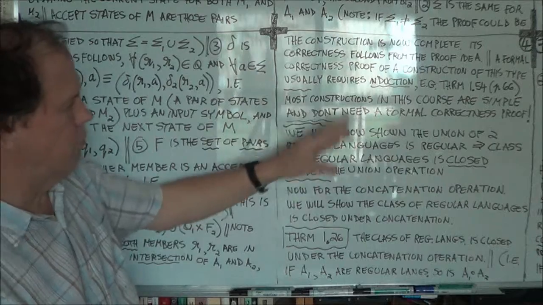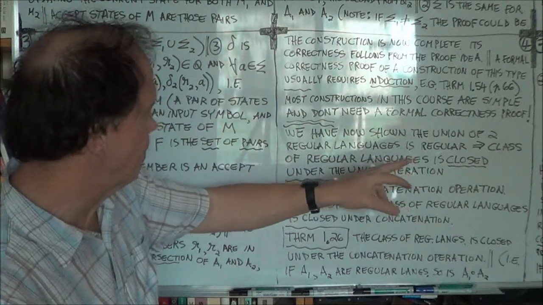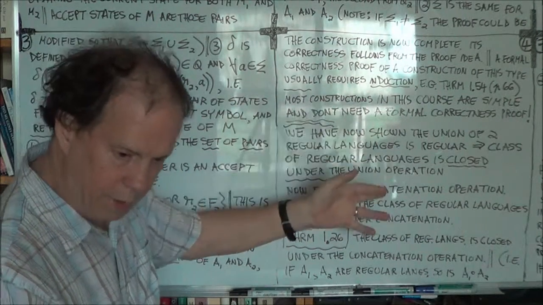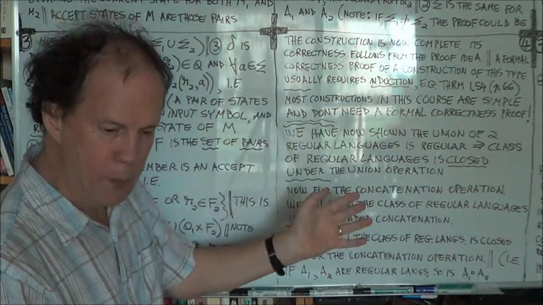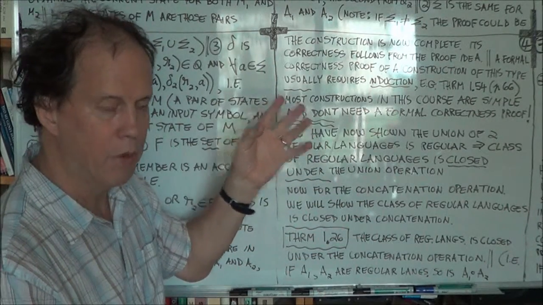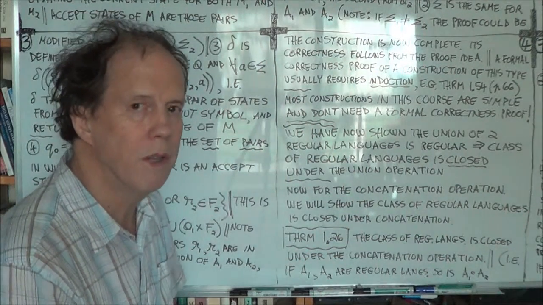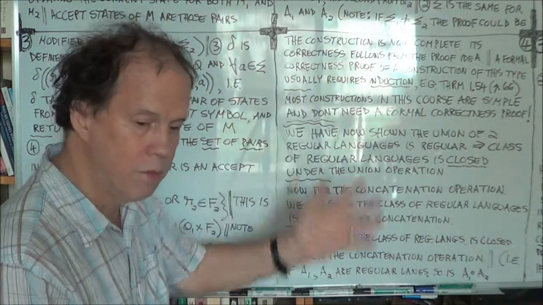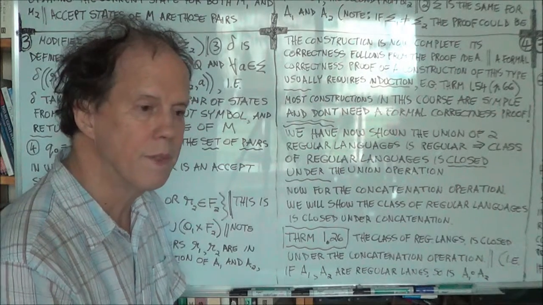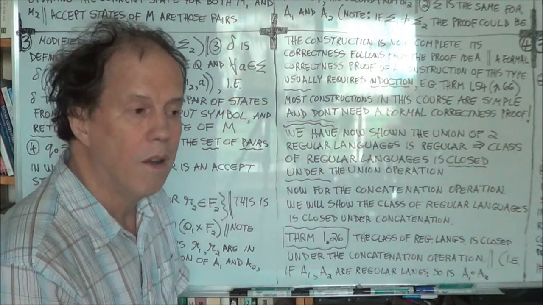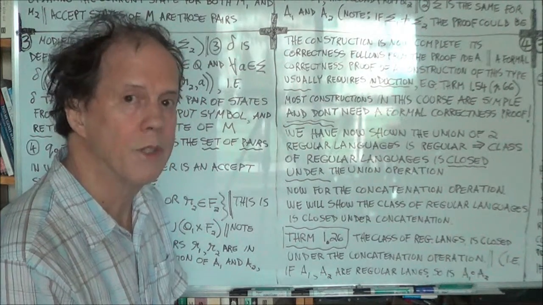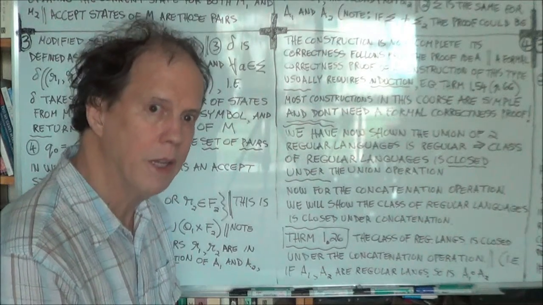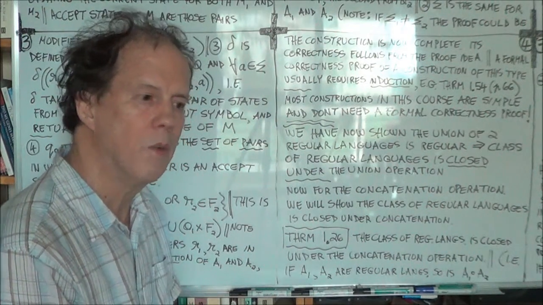So what have we done? Sort of recap a little bit. We've done a proof by construction, right? We've found a machine M. We've shown that that machine M recognizes the union of two languages, A1 and A2, and therefore, any two regular languages from the class of regular languages. The result was itself a regular language. Why?